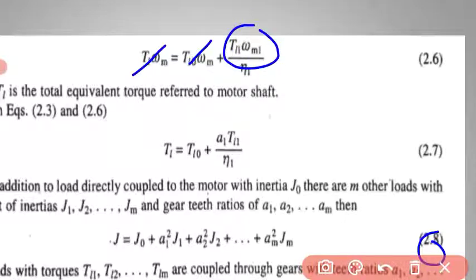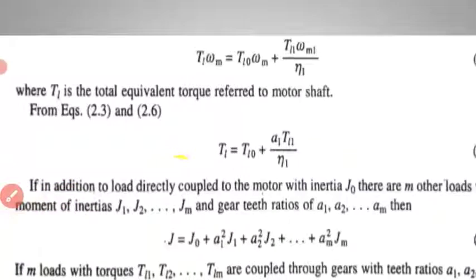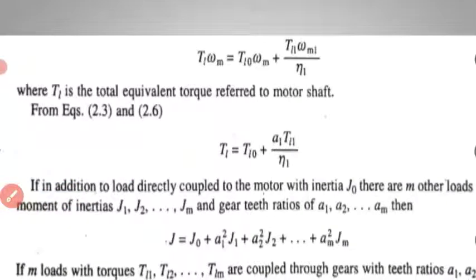It's nothing but the gear reduction. After gear reduction, the speed will be omega m1, and the torque developed is TL1. Here we have to consider the efficiency of the gearing system. TL is the total equivalent torque referred to the motor. So this equation we will obtain.